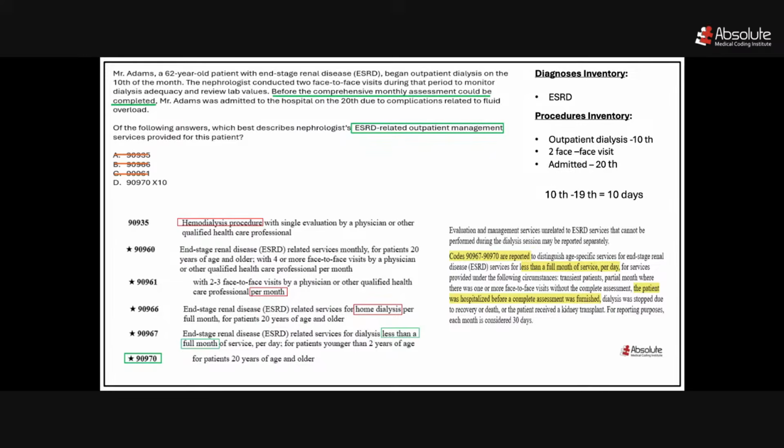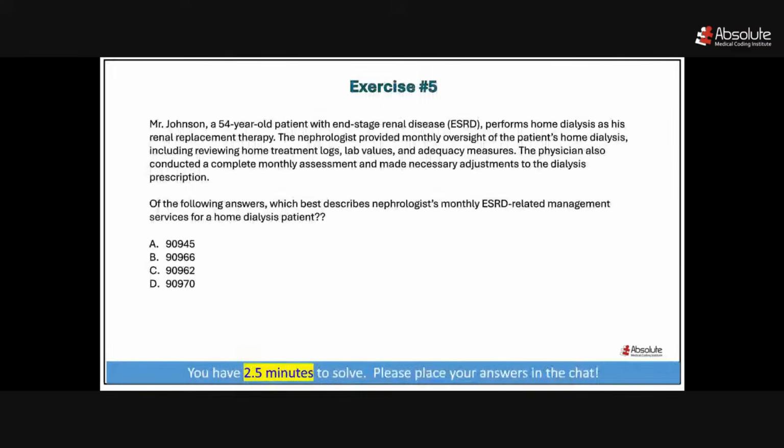Okay, now let's move on to the next scenario. Here we have exercise number 5. Of the following answers, which best describes the nephrologist's monthly ESRD related management service for a home dialysis patient? Options are: option A 90945, option B 90966, option C 90962, option D 90970.